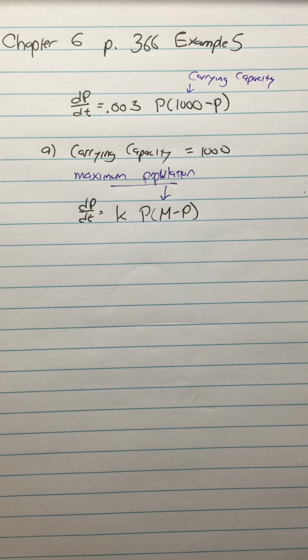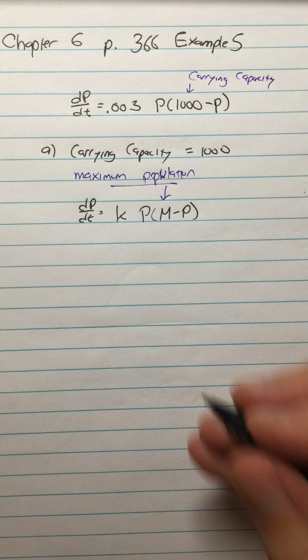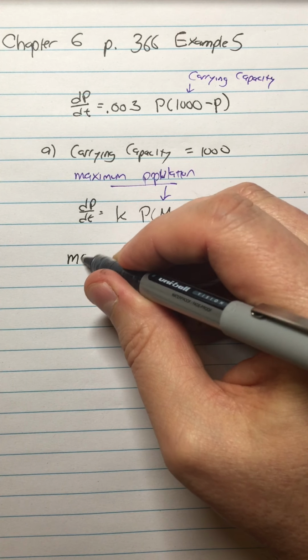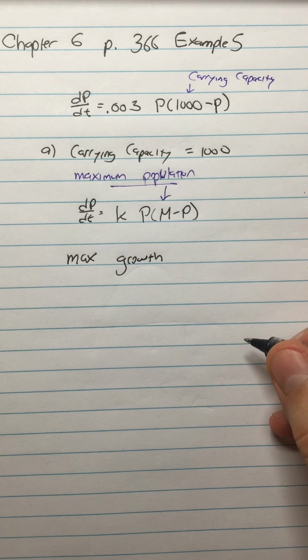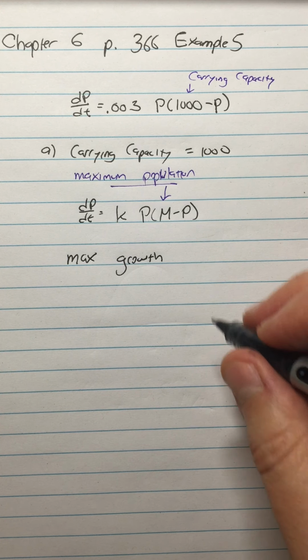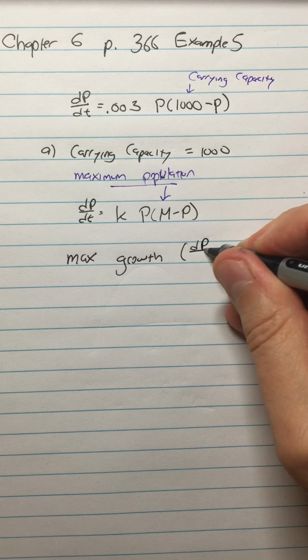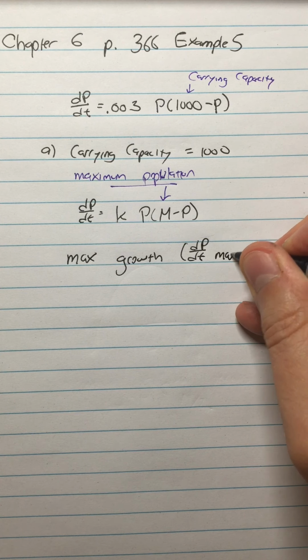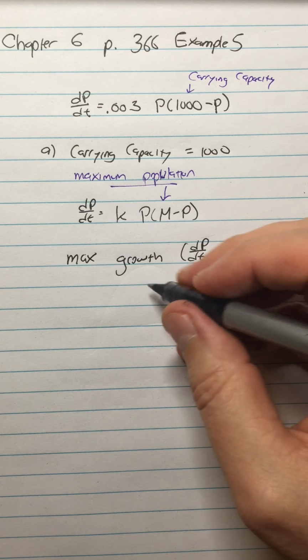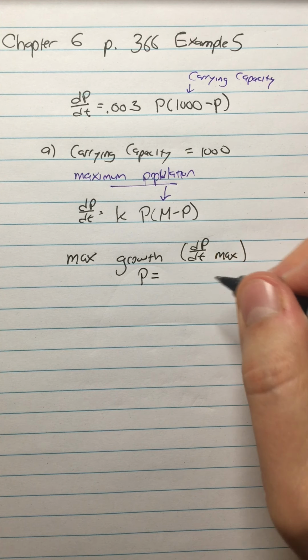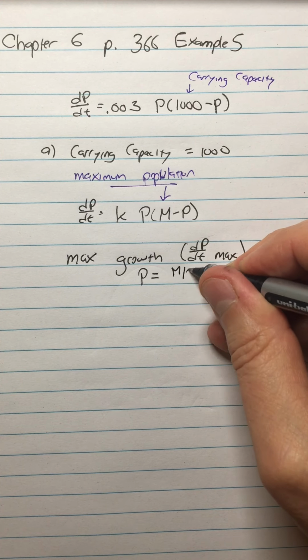A question that they did not ask, but which they will ask in some other questions: at what population will the maximum growth occur? I just want to point out again that the maximum rate of growth, so dP/dt is a max, occurs at M over 2. That is when the population, not the time, but the population is M over 2.